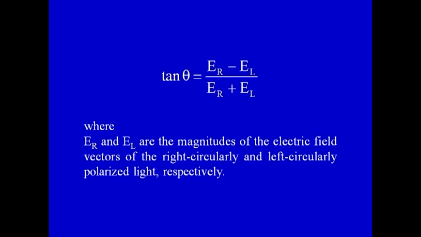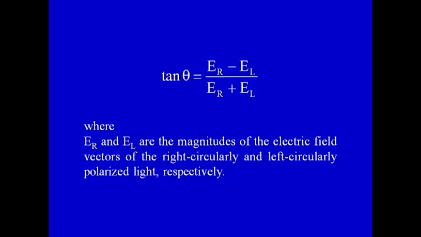As we were saying, molar circular dichroism and molar ellipticity could be converted by this particular equation here. Elliptically polarized light is composed of unequal contributions of right and left circularly polarized light, and this relationship is derived by defining the ellipticity of the polarization in terms of this equation. Here ER and EL are the magnitudes of the electric field vectors of the right circularly polarized and left circularly polarized light.